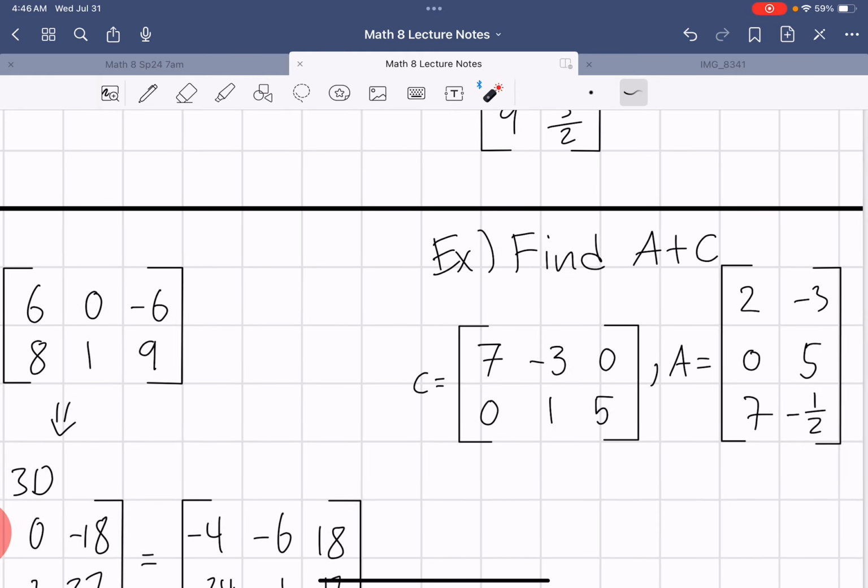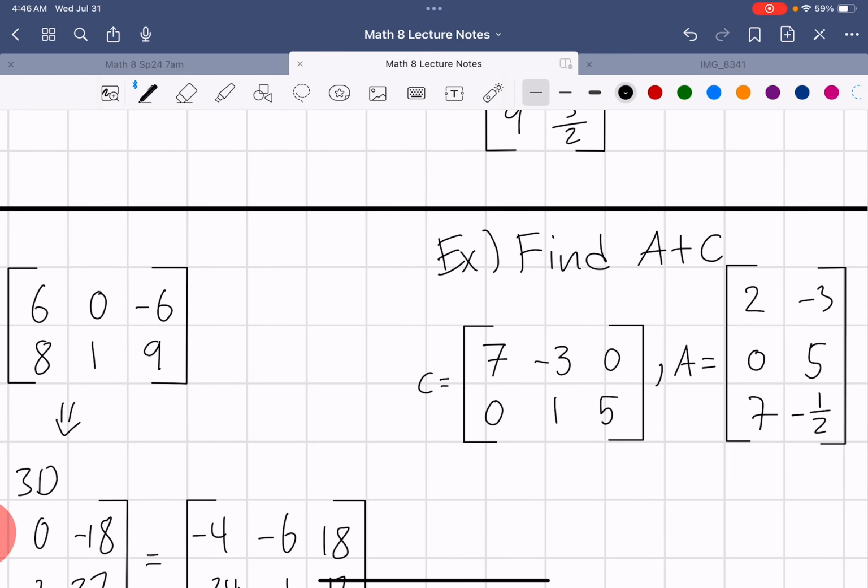So, for example, here, remember we have to list the number of rows. So that's a 2 by, and then there's 3 columns, a 2 by 3 matrix. This next one is a 3 by 2. But these are not equal to each other.